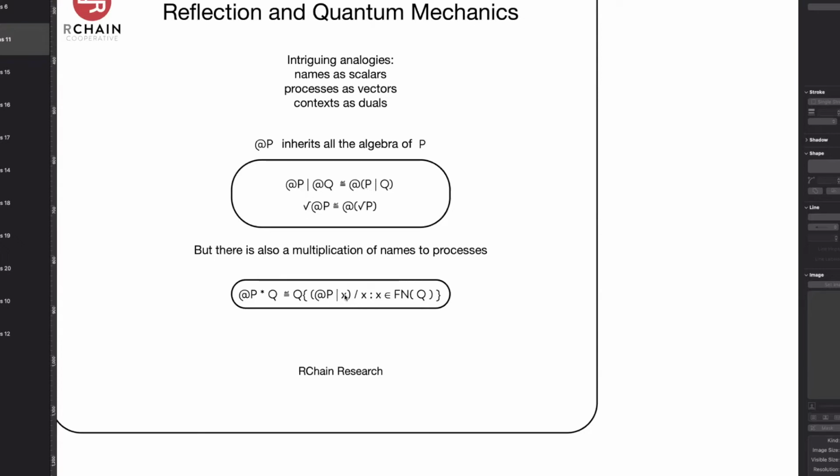Right, so I take x and I put it in par with @P, and I substitute this bigger, more complex name for x inside Q. Right, so that's the operation of multiplying a name times a process. Does that make sense?